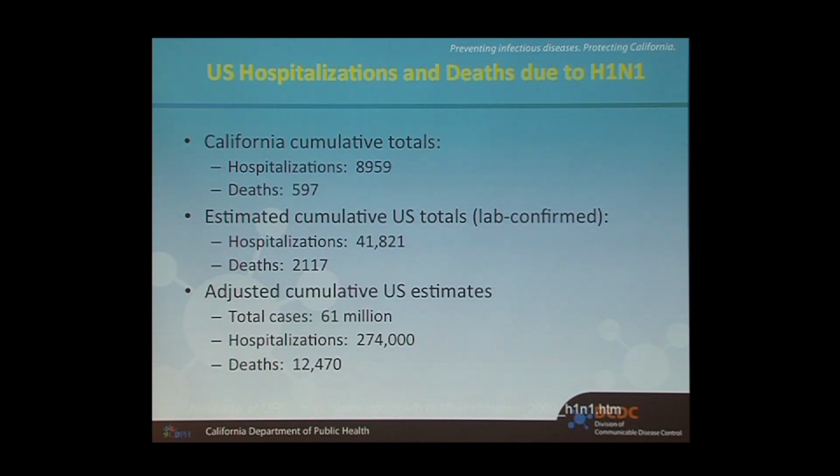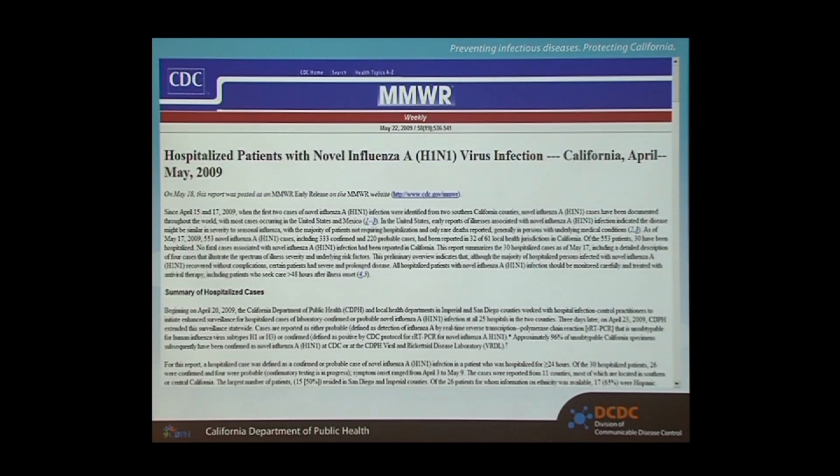There were probably many, many more who were infected but not that ill. In the US, these are the numbers that are lab confirmed, but in actuality, it's probably around 61 million people who are really infected. That's about a quarter of the US population: 274,000 hospitalizations and 12,000 deaths. So it was likely more magnified than we're aware of based on the numbers available.